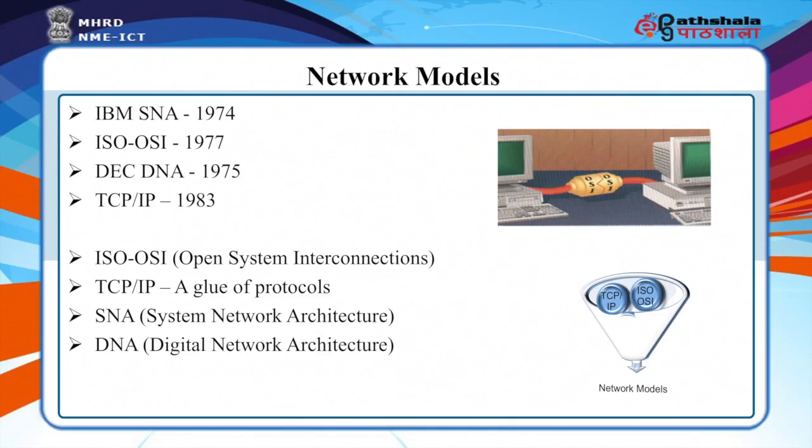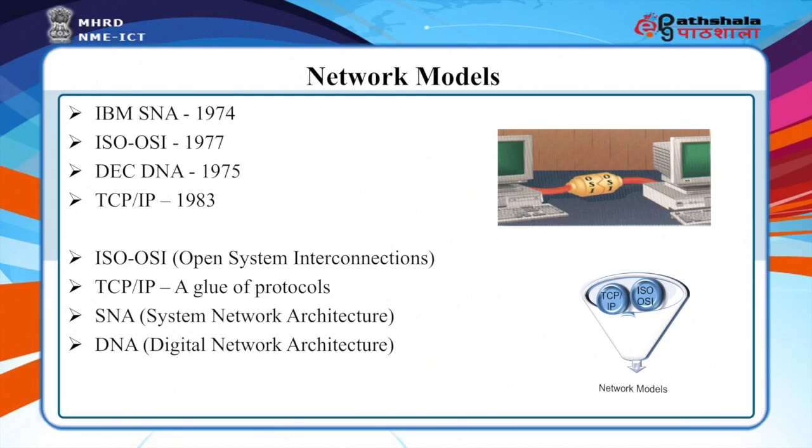In 1974, the major IT company IBM built their own network, which is called SNA, System Network Architecture. This was a proprietary model used only by IBM. The IBM mainframe computer was a major computer which connected with the different peripheral nodes.